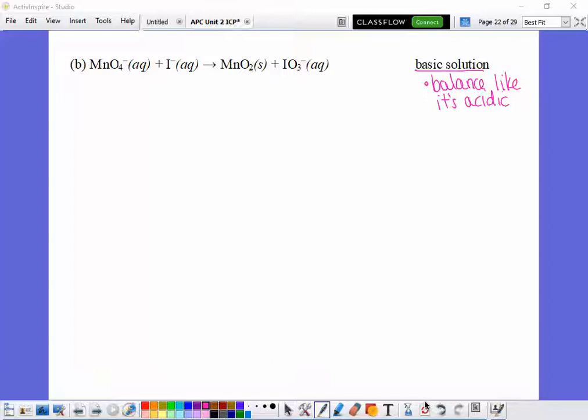All right, so I'm just going to quickly go through this as it's being balanced. Our two half reactions would be MnO4 minus going to MnO2, and I minus going to IO3 minus. Everything except oxygen and hydrogen is already balanced, so we don't need extra coefficients right now.